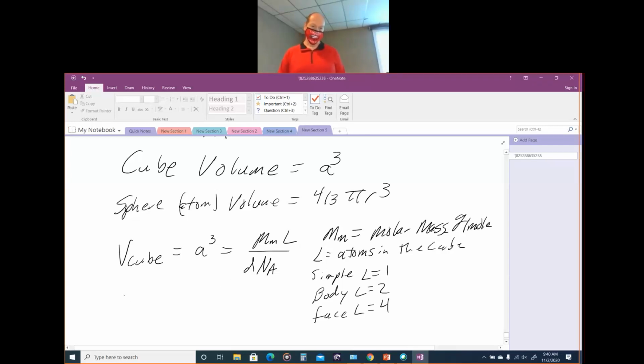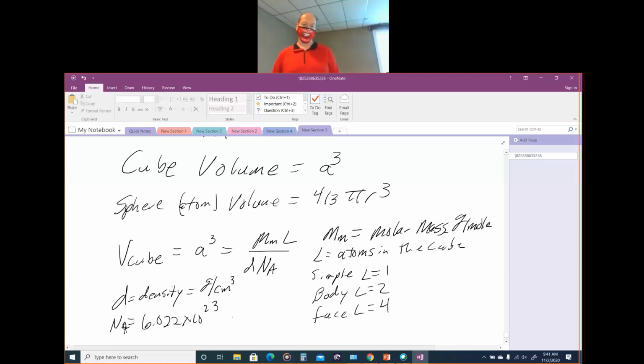D is density, and that is in grams per centimeter cubed, because that's how we're going to get a cube. That's going to be our centimeter cube. And then Na is, of course, Avogadro's number, 6.022 times 10 to the 23rd.